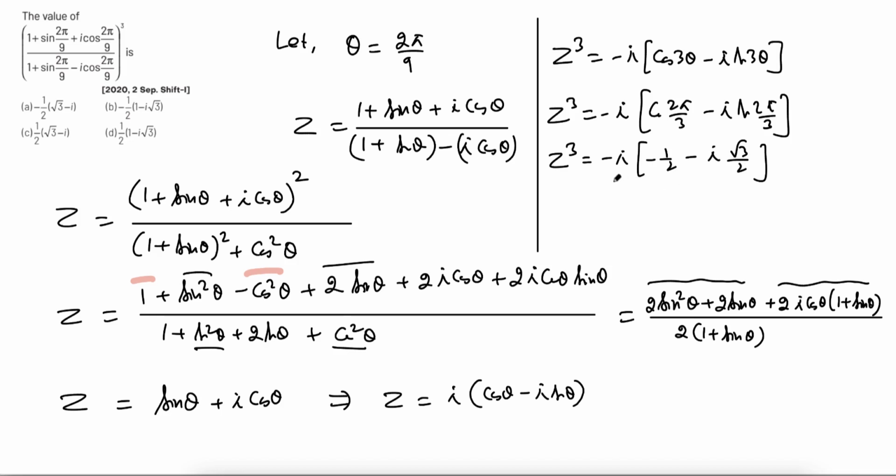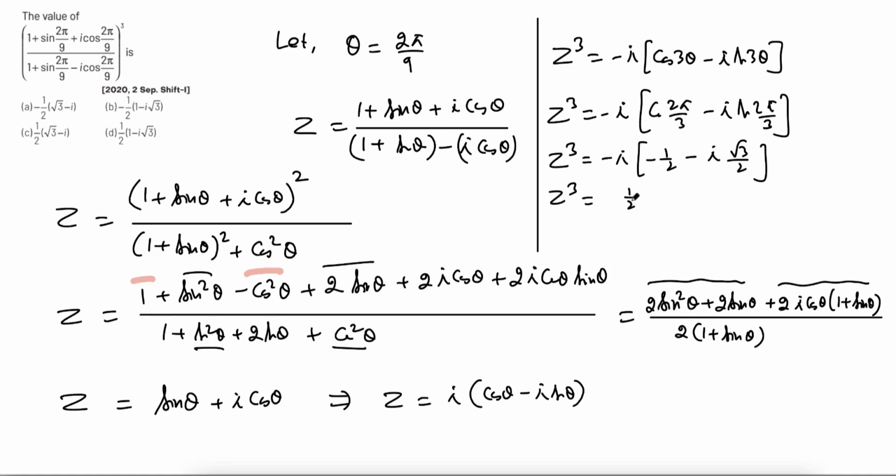Okay. Now done. According to the options we'll correct it. So z cube equals minus, taking 1 by 2 common, minus 1 by 2 I am taking outside, so minus 1 by 2 out, and minus minus cancels, plus, that will become plus.